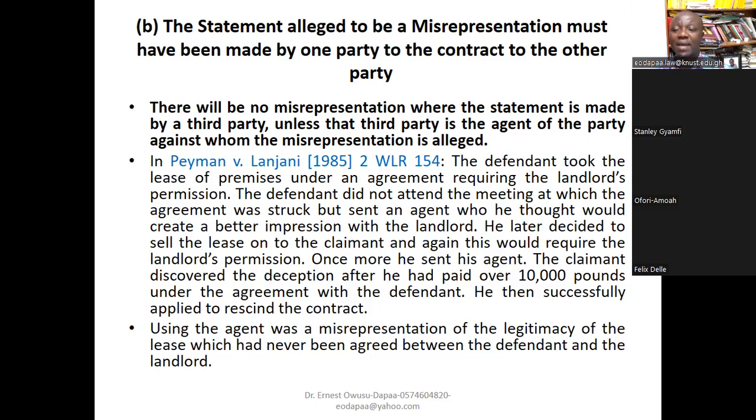It is a party to the contract whose statement, when it turns out to be false, can be treated as constituting misrepresentation. And for that matter, where it is made by a third party who does not have the authority of a party to that potential contract, then that cannot give rise to misrepresentation. So look at the case of Payment against Lanjani.